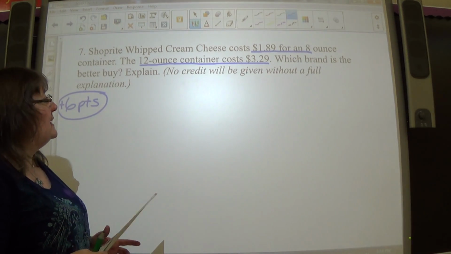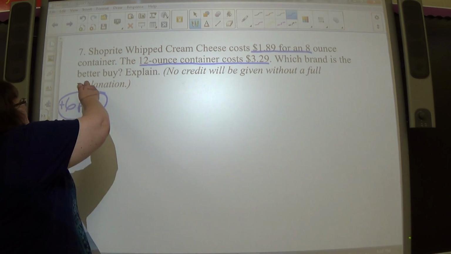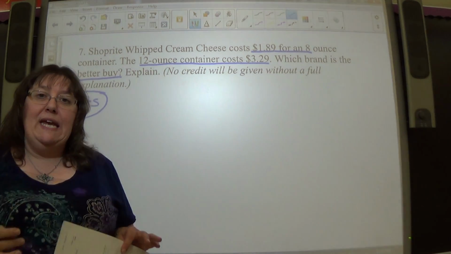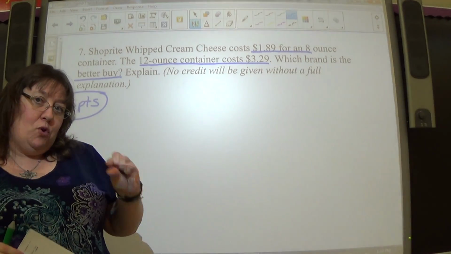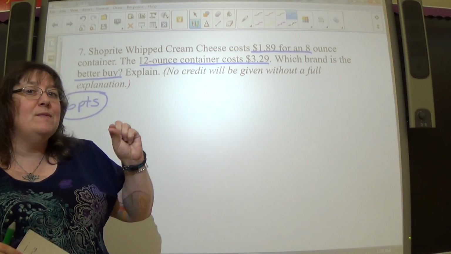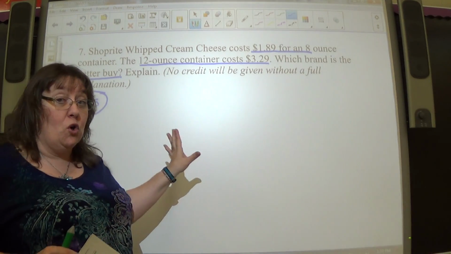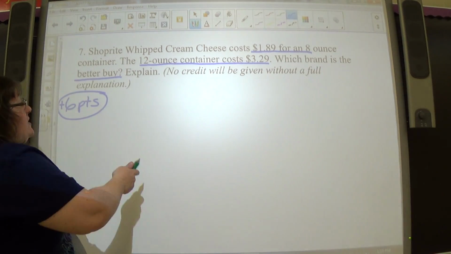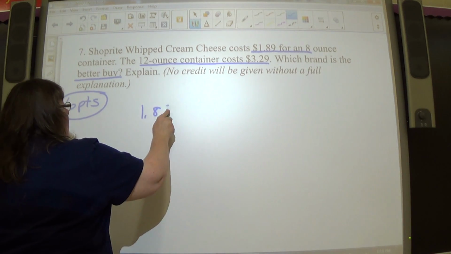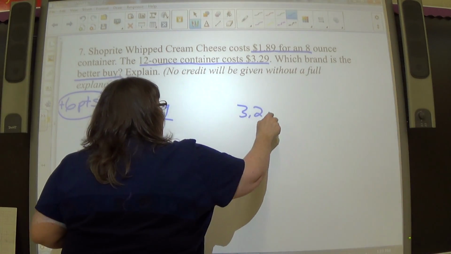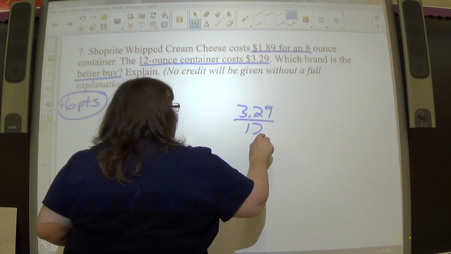But what is this asking? It's asking which is the better buy. When you're looking for a better buy, you're looking at the ounce price, okay? How much is it per ounce? So you need to find out how much these are per ounce. So that means you have to go 1.89 divided by 8, and you need to go 3.29 divided by 12, okay?